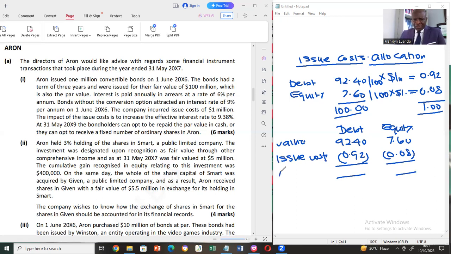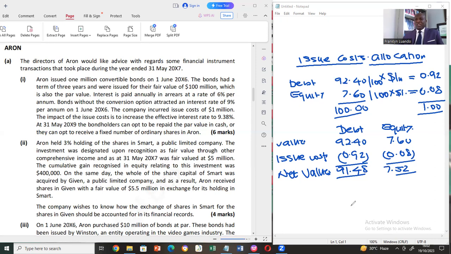The net values there, we have 91.48. Net values there, we have 7.52. Is that okay now?